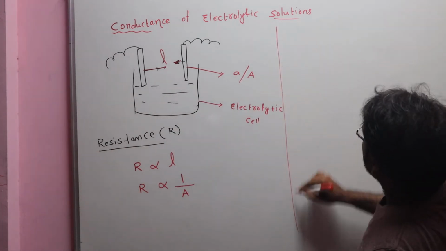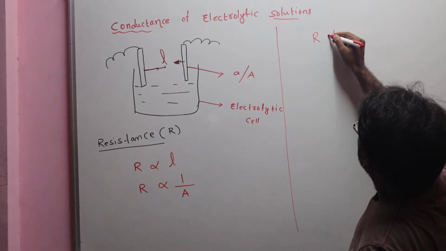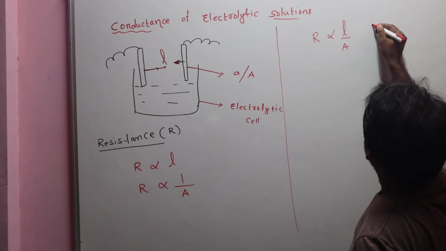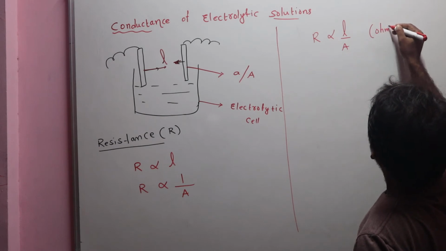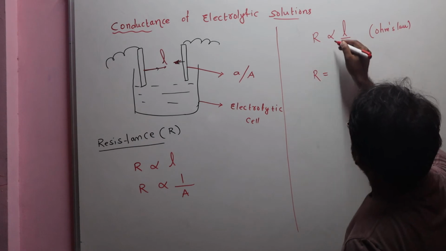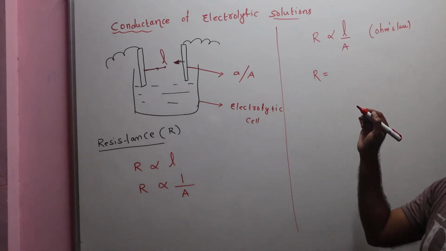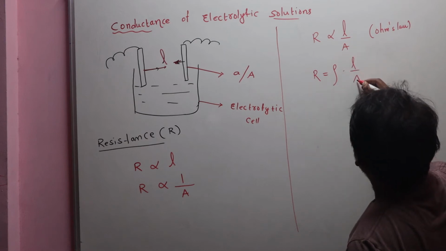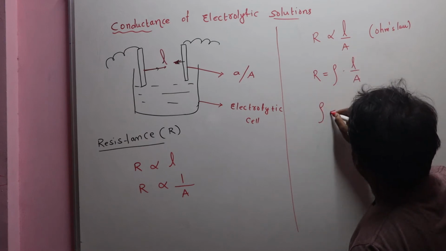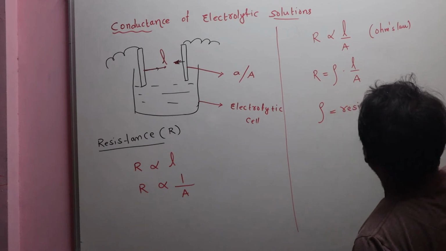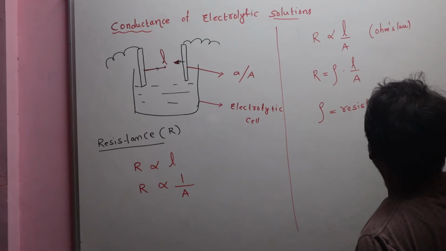So R is equal to L by A. If we want to remove the proportionality, we should keep one constant, rho, so R is equal to rho into L by A. What is rho? Rho is resistivity or specific resistance.